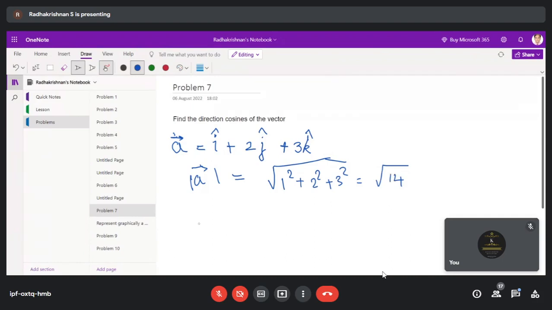Therefore, the direction cosine L is given by x by root of x square plus y square plus z square, which is 1 by root 14.